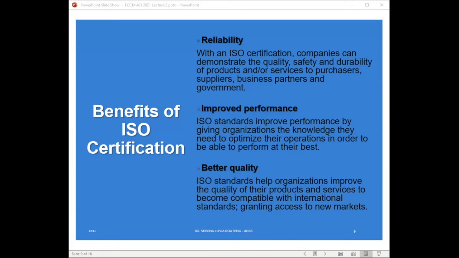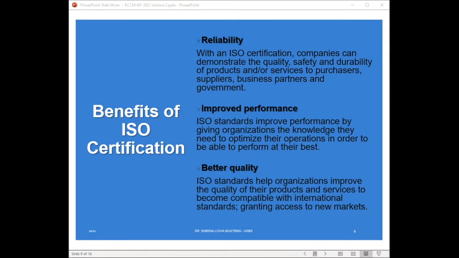The number one reason we can talk about is reliability. If a company has an ISO certification, in the eyes of the whole world, not just the country they are operating in, they have demonstrated that they satisfy quality, safety, and durability requirements that products and services have to have.